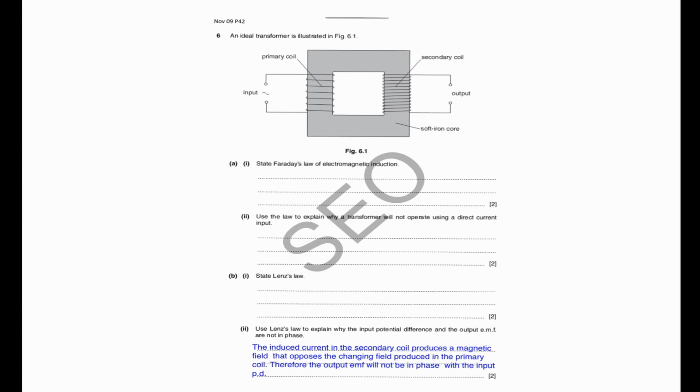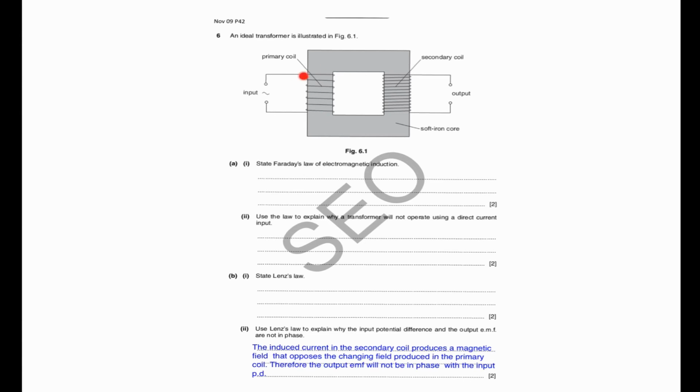Remember, in a transformer like this, whatever induced EMF you have here will come due to the changing flux which is given by your primary coil. So let's look at what happens to the induced EMF. According to Lenz's Law, it will produce a magnetic field to oppose the change that causes it.